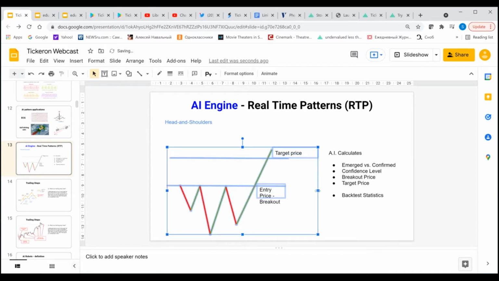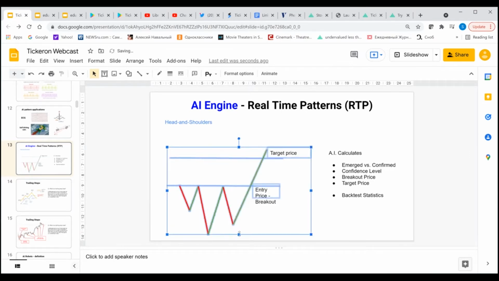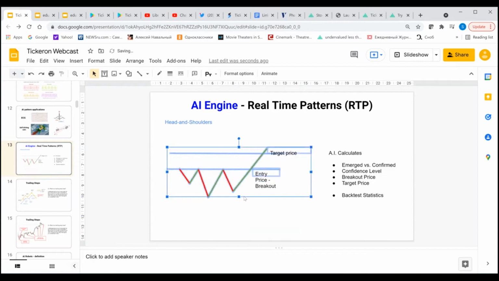Our neural network recognizes these types of patterns, and the shape gives us a prediction. All of them are head and shoulders.